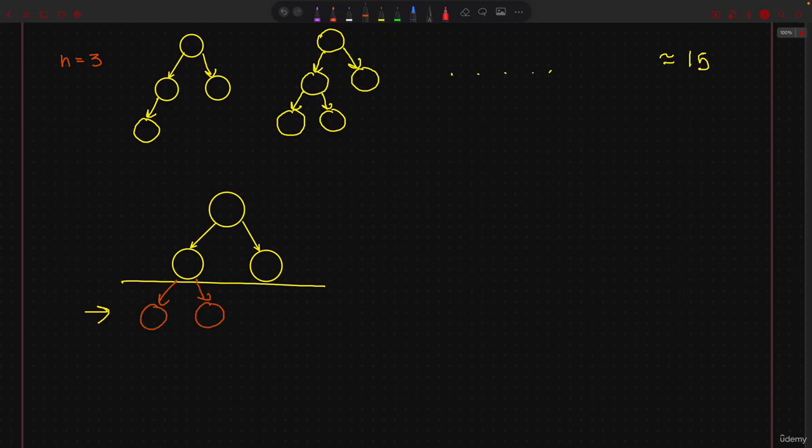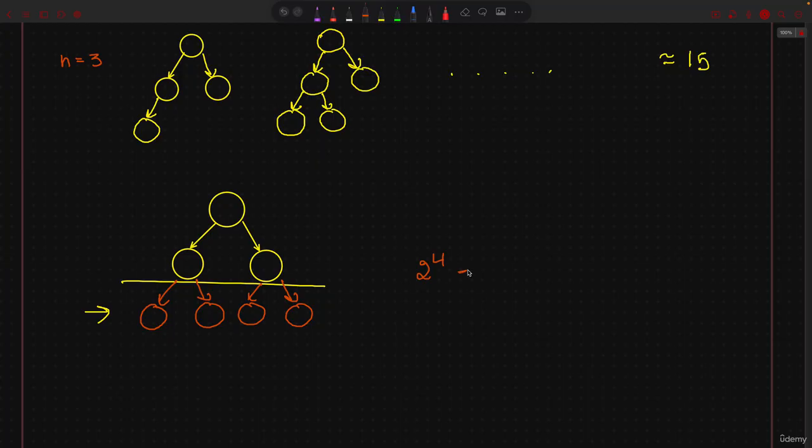So 1, 2, 3 and 4. Now we can take different combinations of these nodes, different combinations of when these nodes will be present or not in my binary tree. That would give us 2 to the power 4. So 2 to the power 4 are all the combinations. If we are taking any one of them, all 4 of them, none of them, these are all the combinations which we have in front of us.